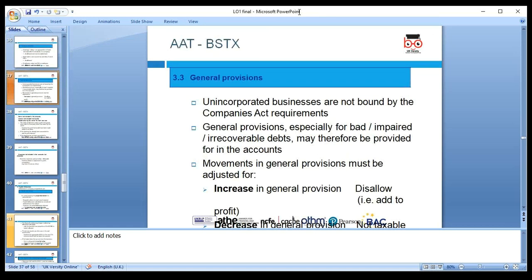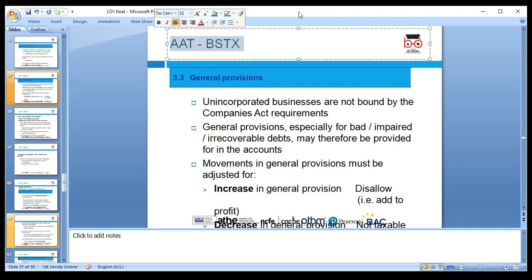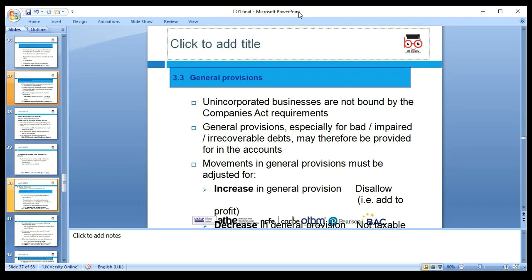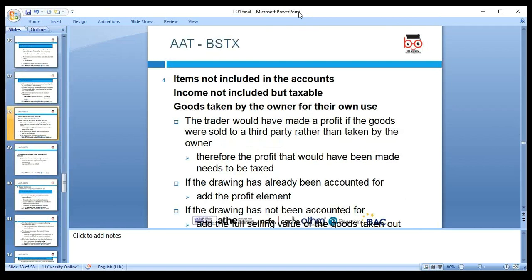Okay. Then the general provisions: unincorporated businesses are not bound by the Companies Act requirements. So as a sole trader we're not really bothered, but we can in terms of the companies for the self-assessment. Next, items not included in the accounts but taxable: goods taken by the owner for their personal use.